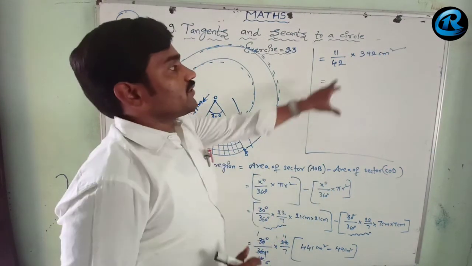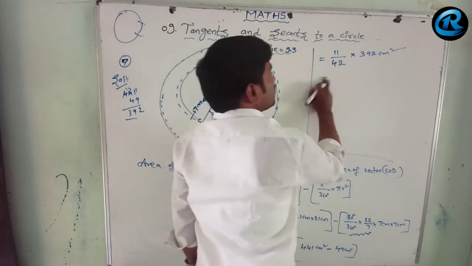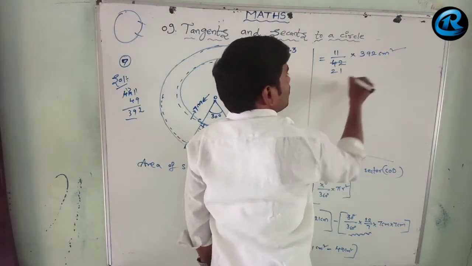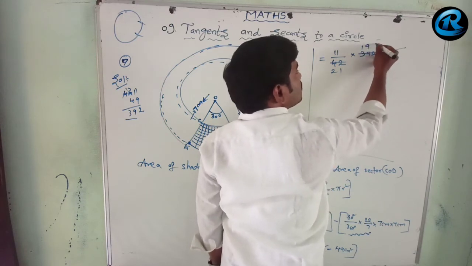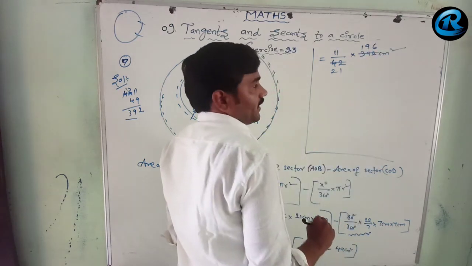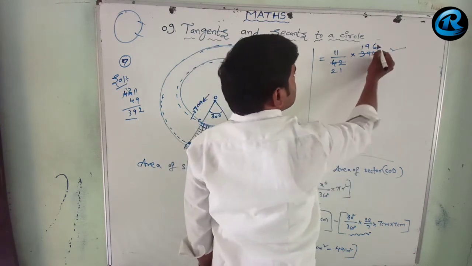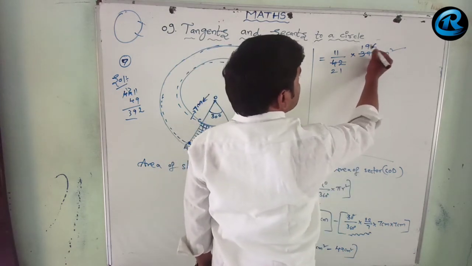If you cancel both in the two table, 2 ones are 2, 2 nines are 18, 2 sixes are 12.